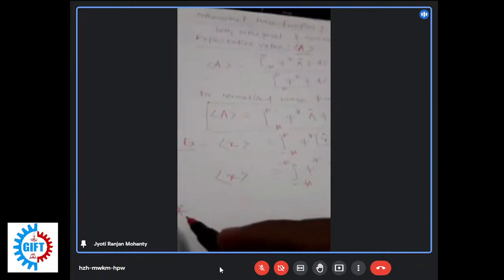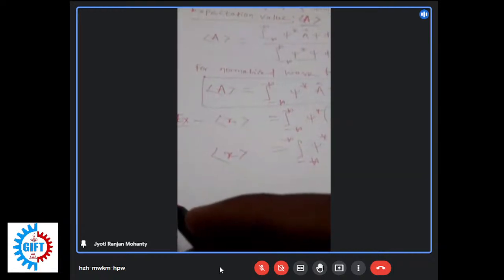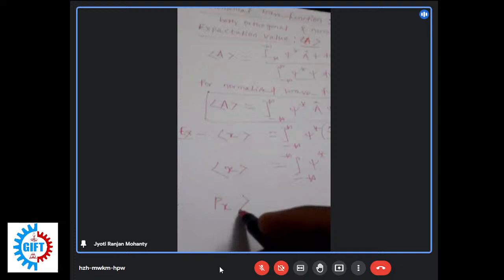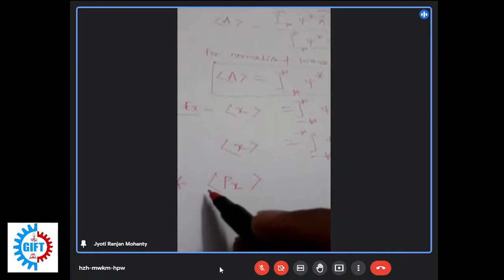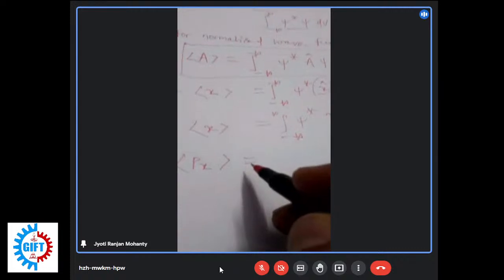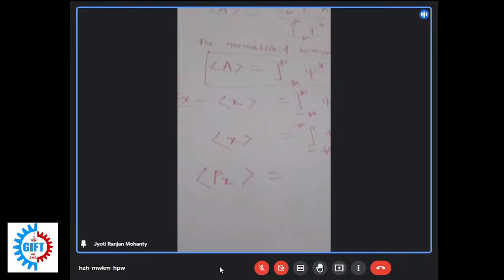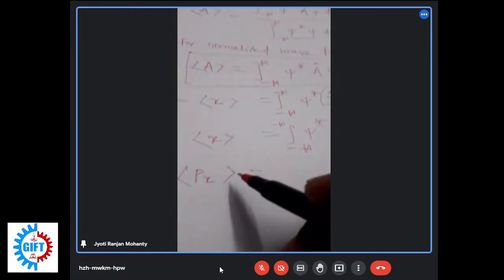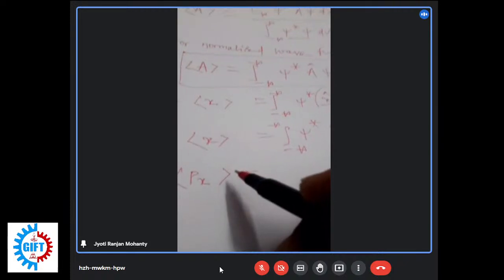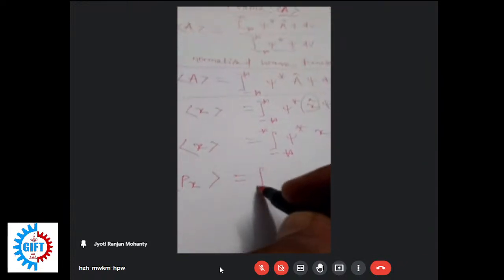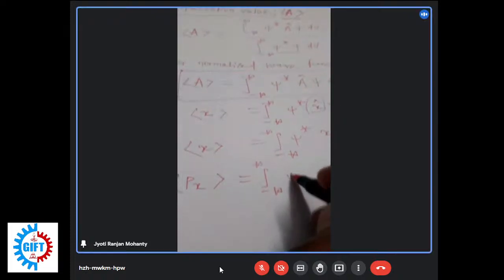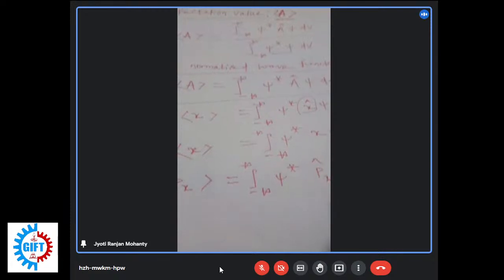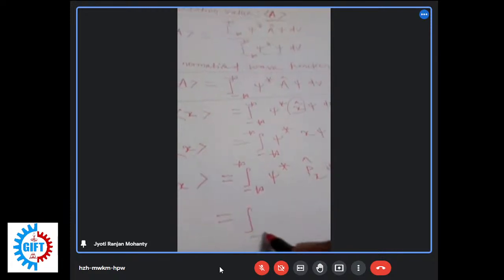Again, if I want to find the expectation value of linear momentum, who can say? Linear momentum along the x axis, I have written px. The integration from minus infinity to infinity of psi star px cap psi into dx.